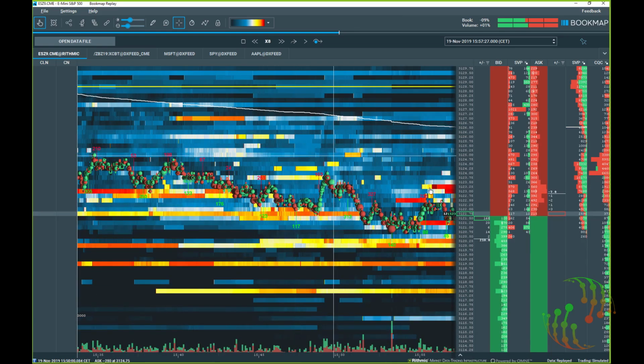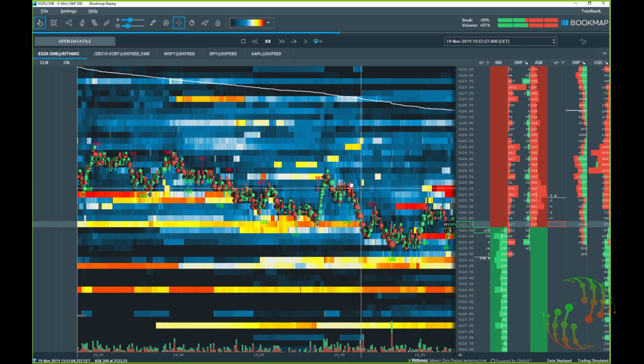Also, let's have a little bit more of an inside look at this stop run. It's also a 90-degree move. No, it's not exactly 90 degrees here, you see that, but it's very close to the 90-degree move.